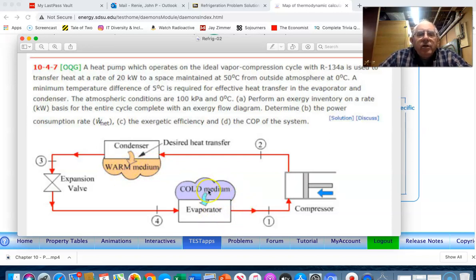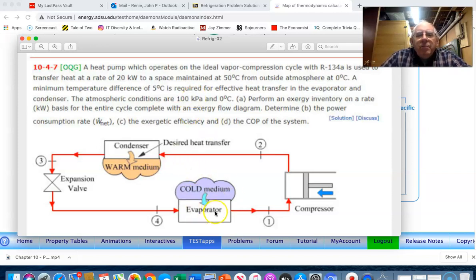We know that the cold medium is the outside, which is at the dead state. As it says here, a minimum temperature difference of 5 degrees Celsius is required for heat transfer in both of these devices.